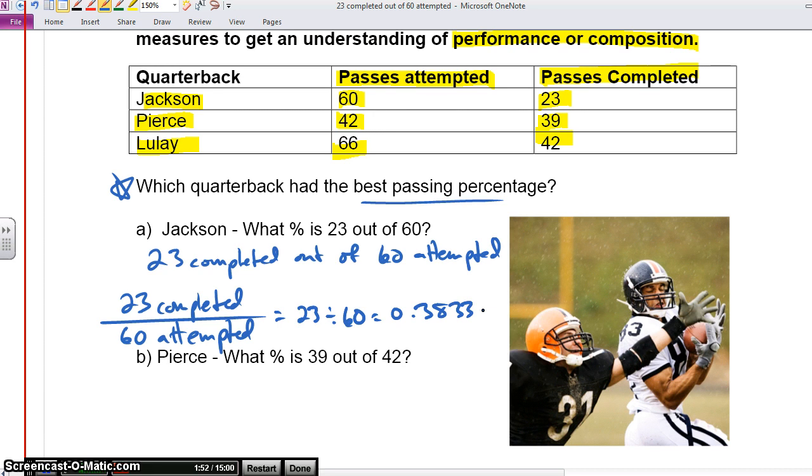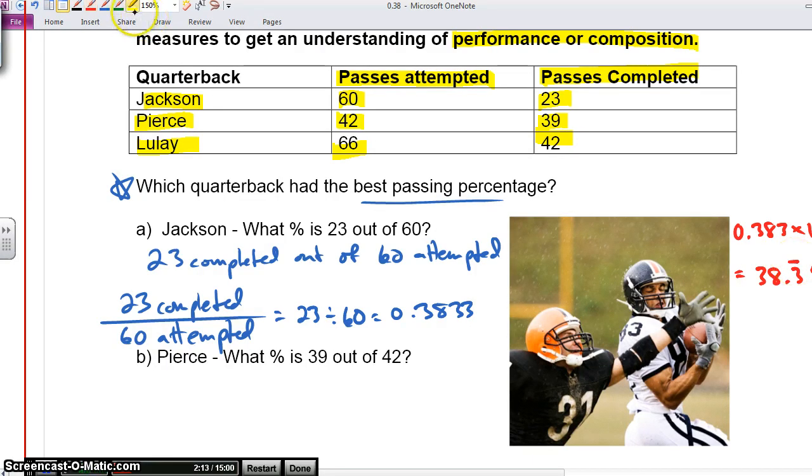Now what we want to do with that number is take it a step further, and you've probably seen this before as well. If we multiply that by 100%, we can express that decimal as a percent. It equals 38.3%.